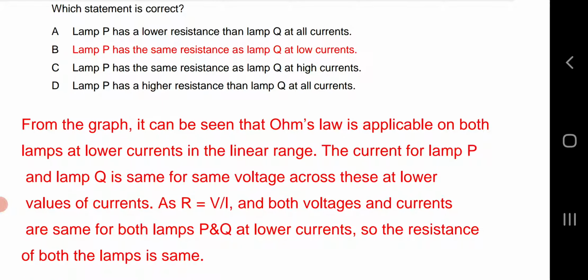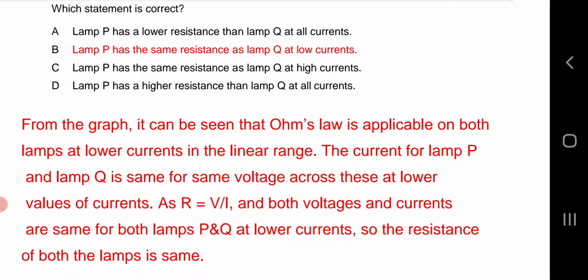So from the graph, it can be seen that Ohm's law is applicable on both lamps at lower currents in the linear range. The current for lamp P and lamp Q is the same for the same voltage across them at lower values of currents.